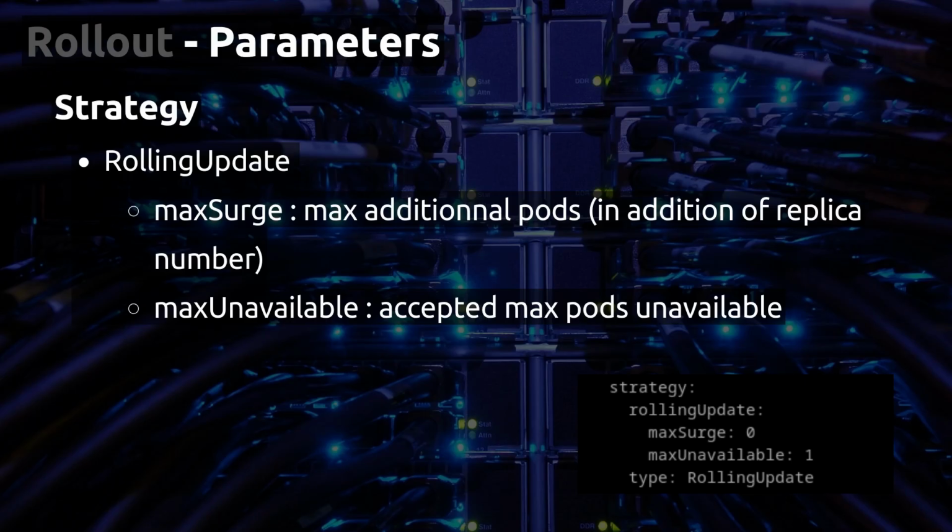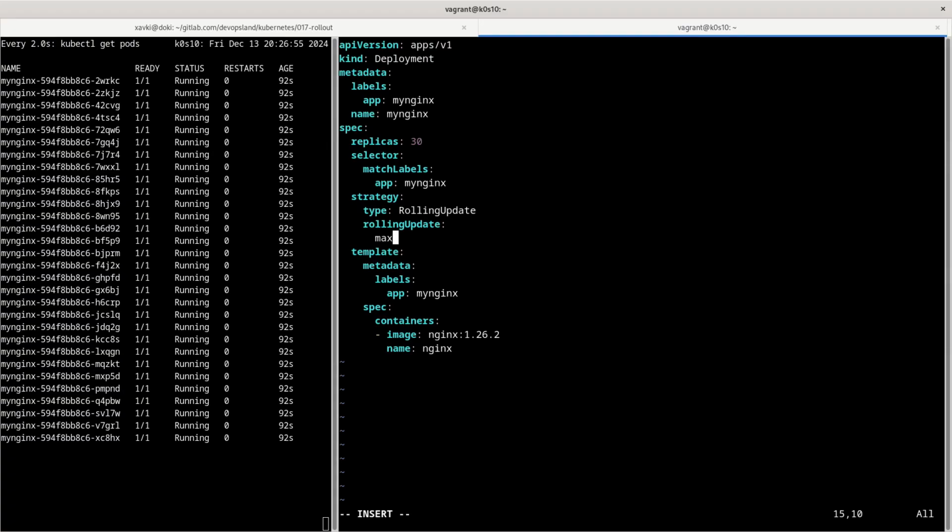And after that, I can set, for example, maxSurge. Be careful with uppercase again. By default we have 30 replicas, and I accept to have 40 replicas during the upgrade.